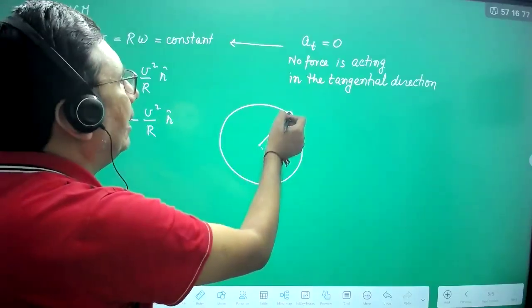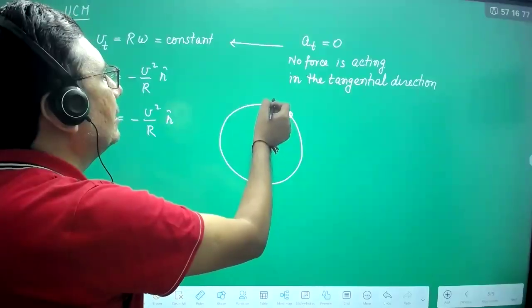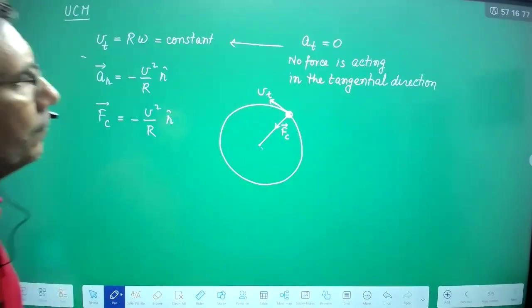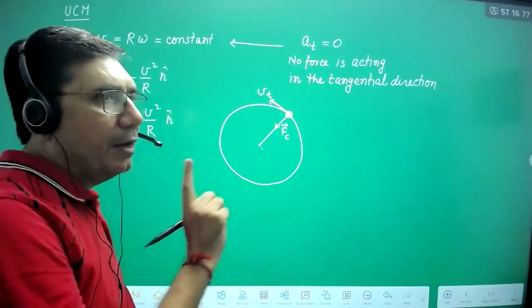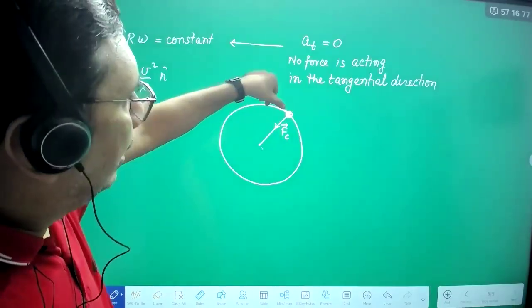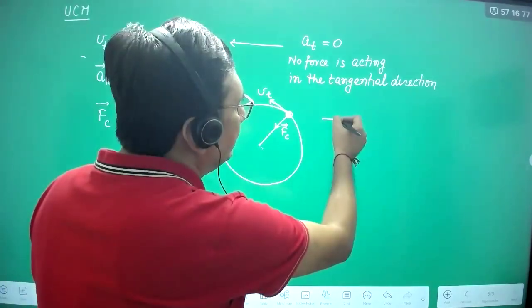This is the tangential direction, and in this direction there is a velocity Vt. The motion of the particle is in the tangential direction and the force is perpendicular to it.